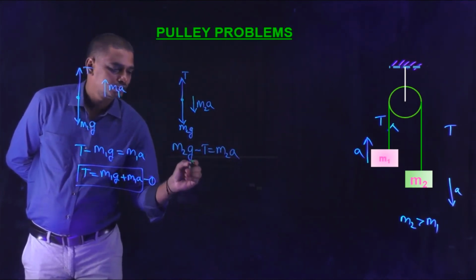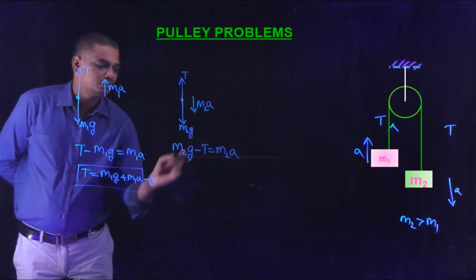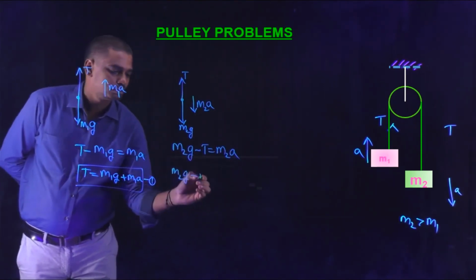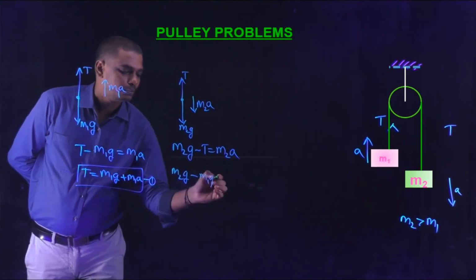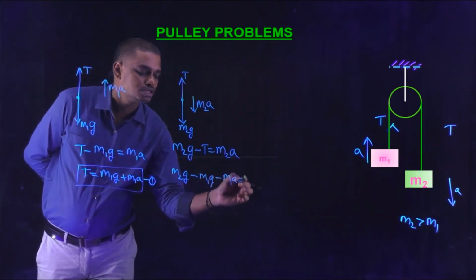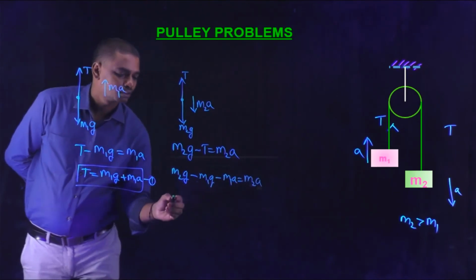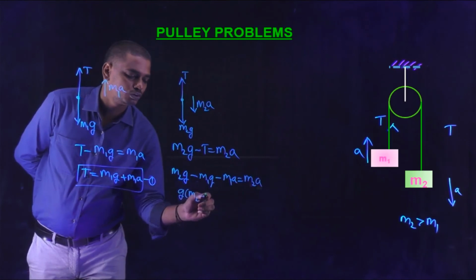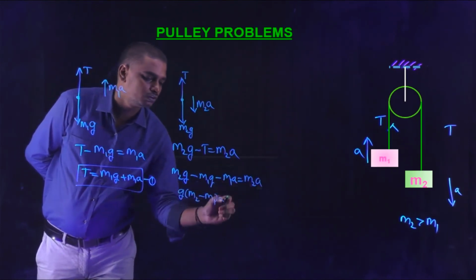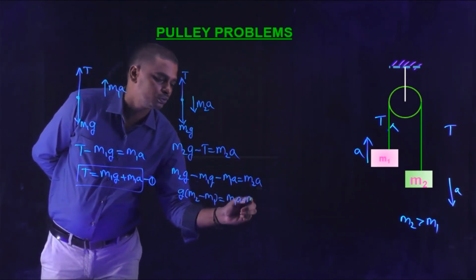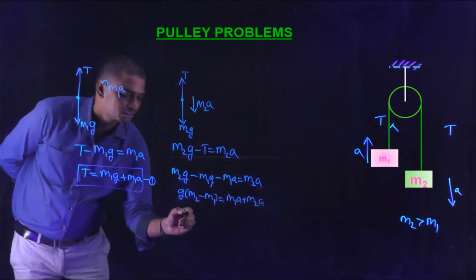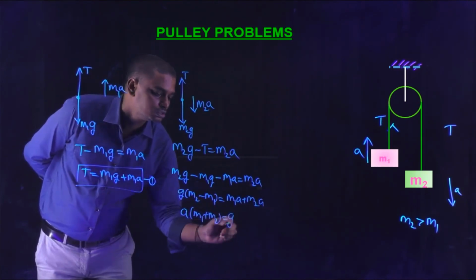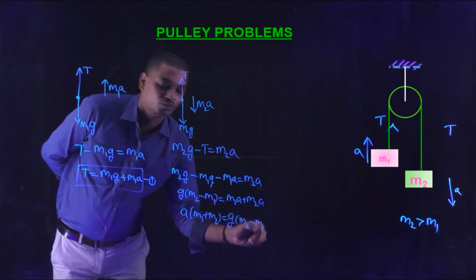Substituting the value of T in this equation, M2G minus M1G minus M1A is equal to M2A. Here G is common, so G into (M2 minus M1) is equal to M1A plus M2A. By taking A common, A into (M1 plus M2) is equal to G into (M2 minus M1).